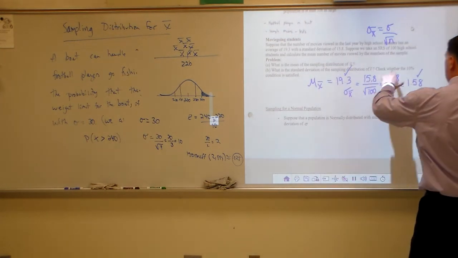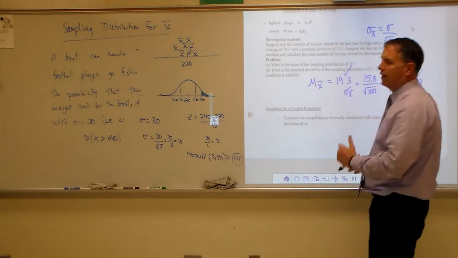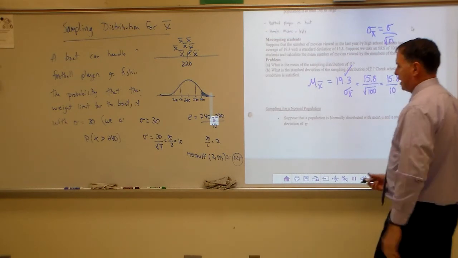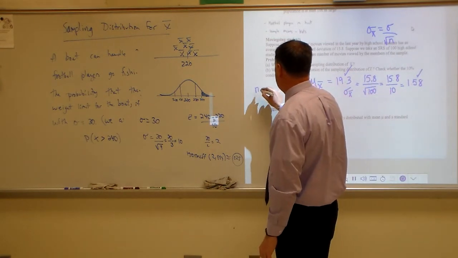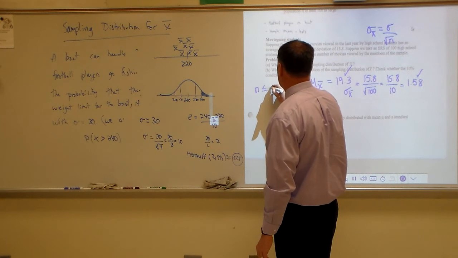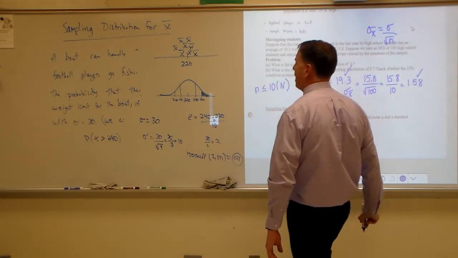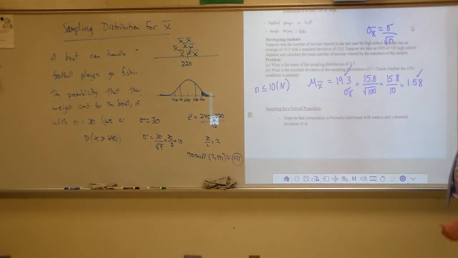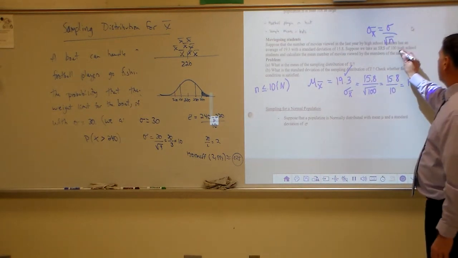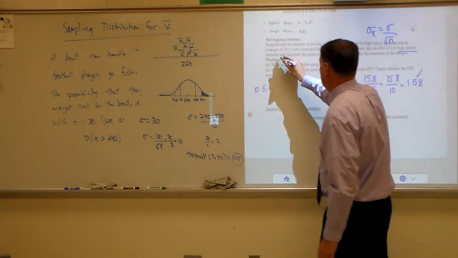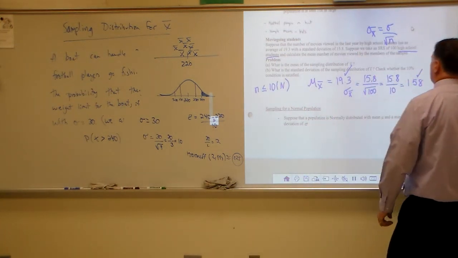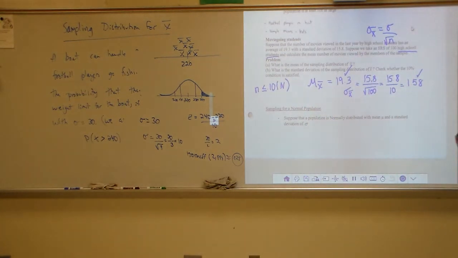Now we want to check whether the 10% condition is satisfied. What's my sample size? For this, I need to make sure that n is less than or equal to 10% of the population. What's my population here? The sample is 100, so my population is high school students.